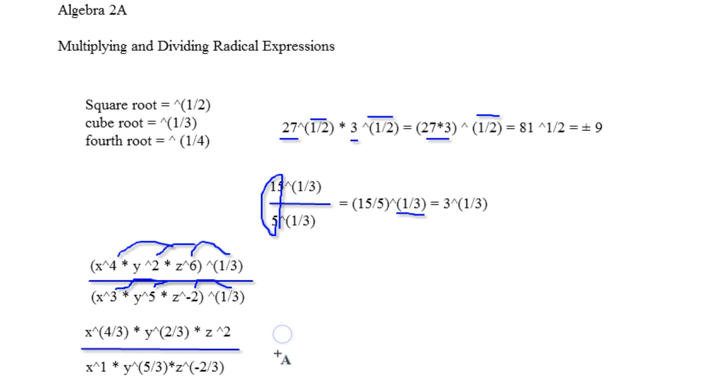Okay? All right, and then I could actually work with them from there and just go ahead and do subtraction and everything. So this would just turn into, let me see, subtraction, that would be 4/3 minus 3/3, which would be x to the 1/3.